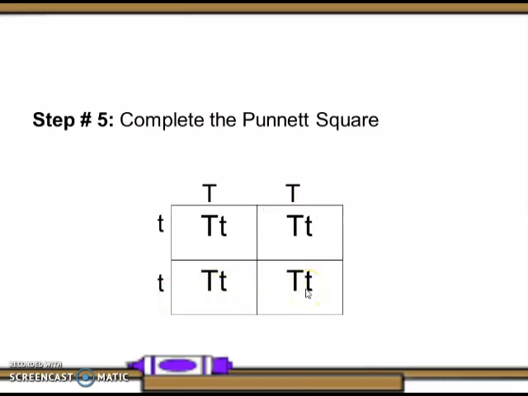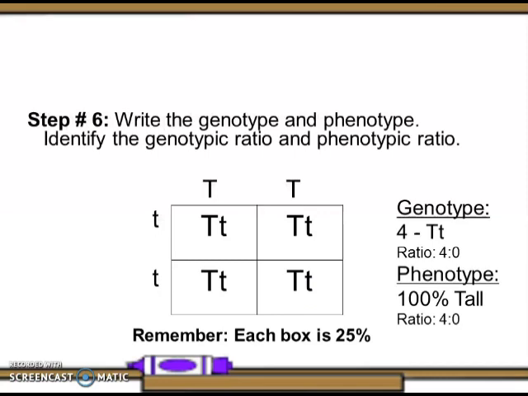That makes heterozygous. Step number 6, write the genotype and phenotype. Identify the genotypic ratio and the phenotypic ratio. So you have to interpret the Punnett square. The Punnett square shows us the likelihood of creating offspring with certain alleles. There are 4 different ways the parent's alleles can combine, and all 4 are equally likely.